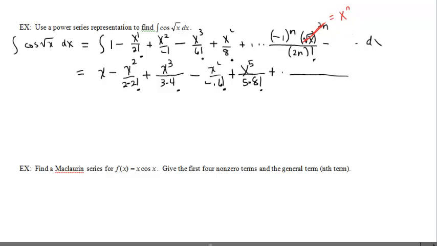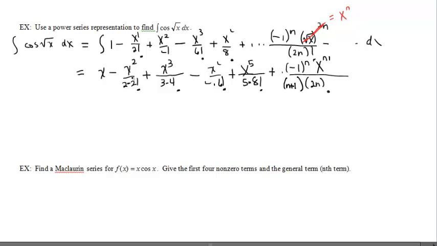Okay, so that makes it easier to integrate, which is our objective here. I'm going to raise n to the n plus 1, and then also divide by n plus 1.